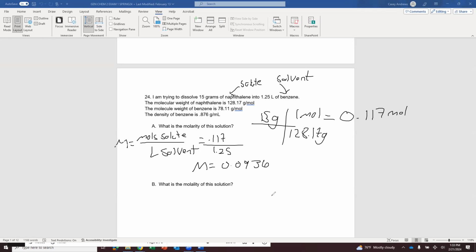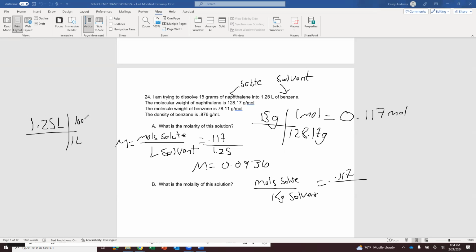How about molality? So molality is moles of solute divided by kilograms of solvent. So we already did the moles, it's 0.117 divided by the weight of my solvent. And we already did a problem like this with water, but 1.25 liters of benzene. The density of benzene is 0.876, so I need to be in milliliters for every 1 liter.